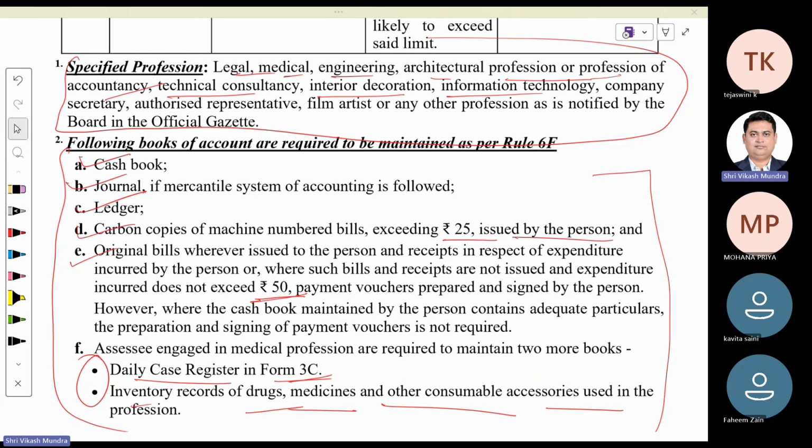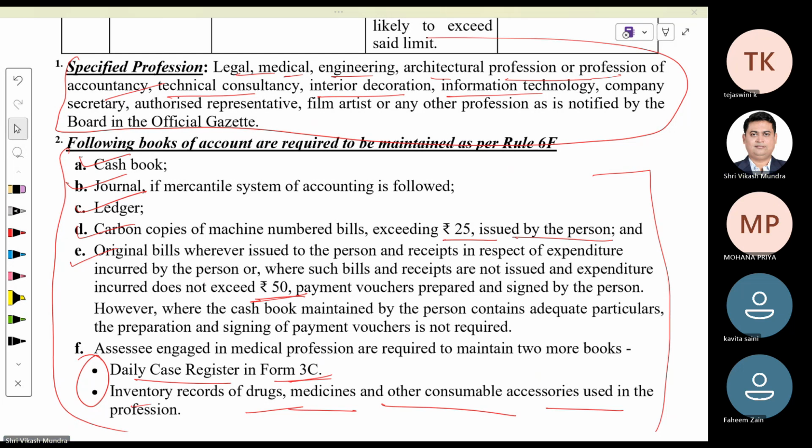However, if you are running a business or a non-specified profession, in that situation, the criteria for maintaining books of accounts are two. Number one, if your profit from this business exceeds a certain limit, that is 1,20,000, and or your turnover exceeds a certain limit, that is 10 lakh, in any of the 3 years, then you are supposed to maintain books of accounts.